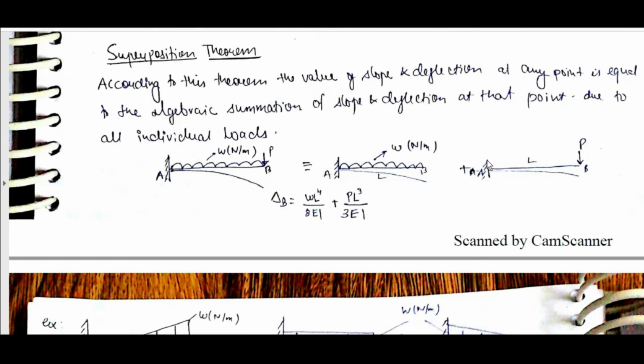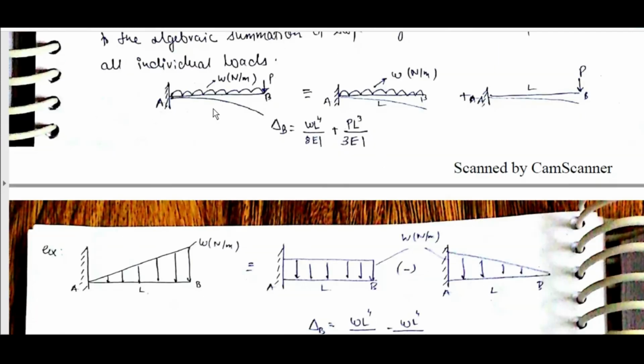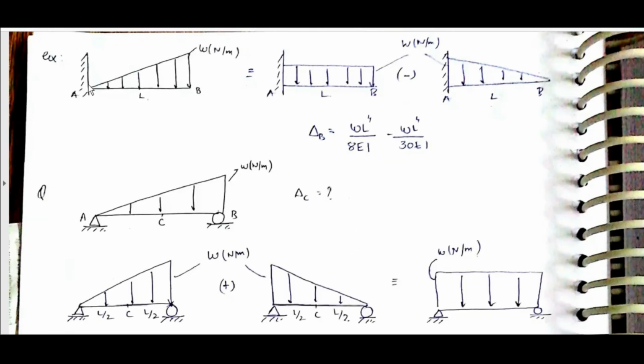Consider the case of these two loads acting separately. Delta B is equal to WL power 4 by 8EI plus PL cube by 3EI. Consider this case like this, but we only have the general formula of this case. So uniformly distributed minus this one, we will get delta B. Delta B is equal to WL power 4 by 8EI minus WL power 4 by 30EI.